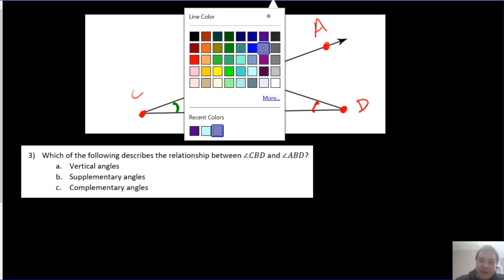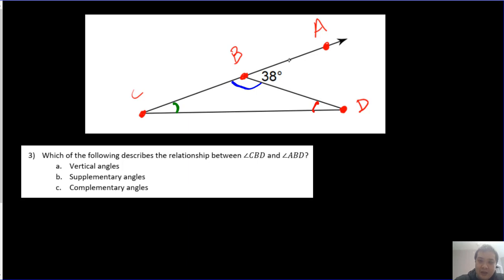Here we have another example of a figure. It says, what is the relationship between CBD and ABD? Again, we need to define which of those angles this is talking about. So I'm going to draw these in different colors: green, blue, red, and purple.